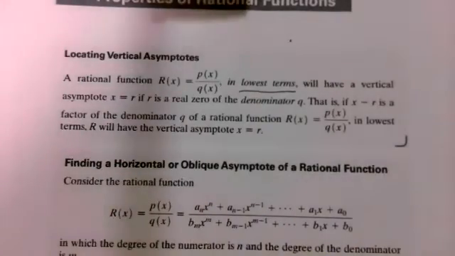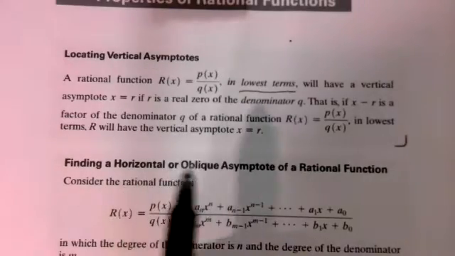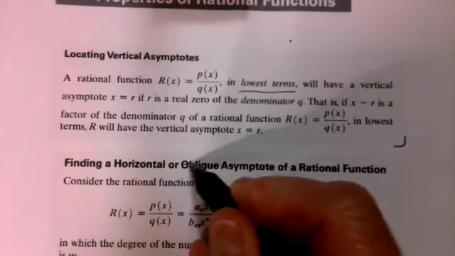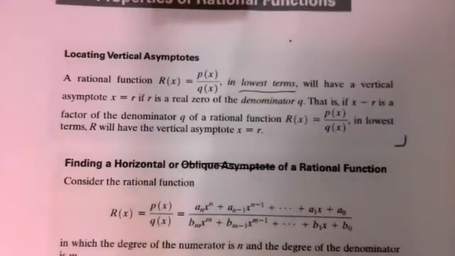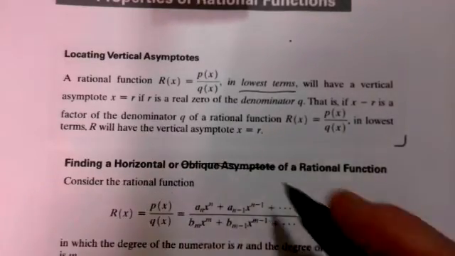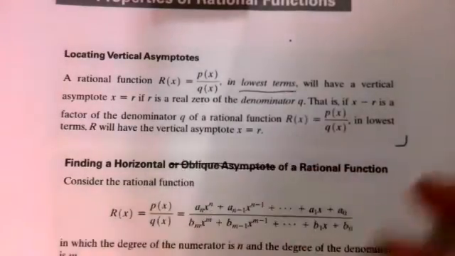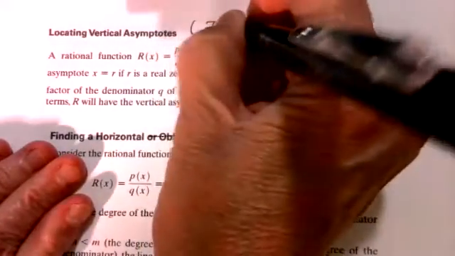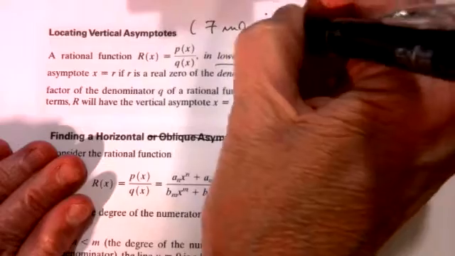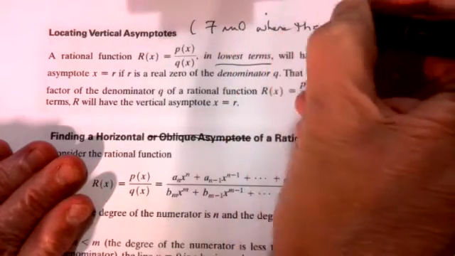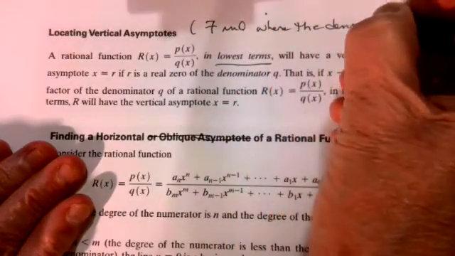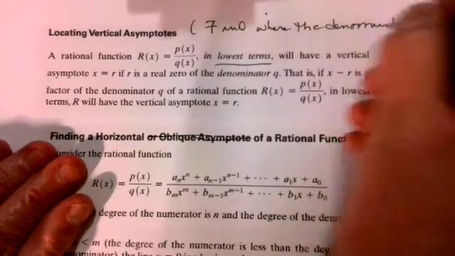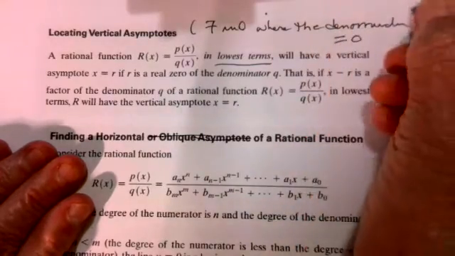Now, finding a horizontal asymptote, and we're not going to worry about the oblique asymptotes in this class, is completely different from finding the vertical asymptotes. For the vertical asymptotes, all we have to do is find where the denominator equals zero, if it's possible for it to be zero.